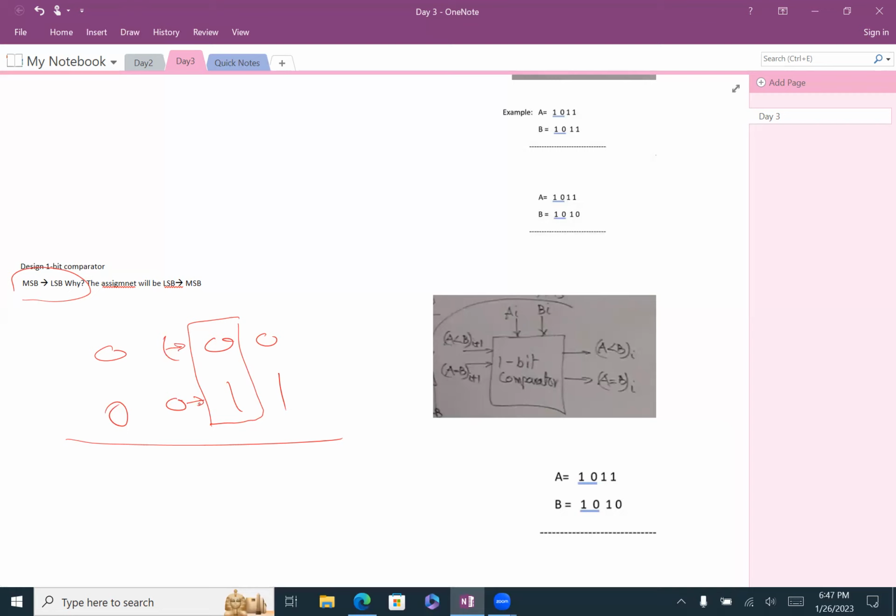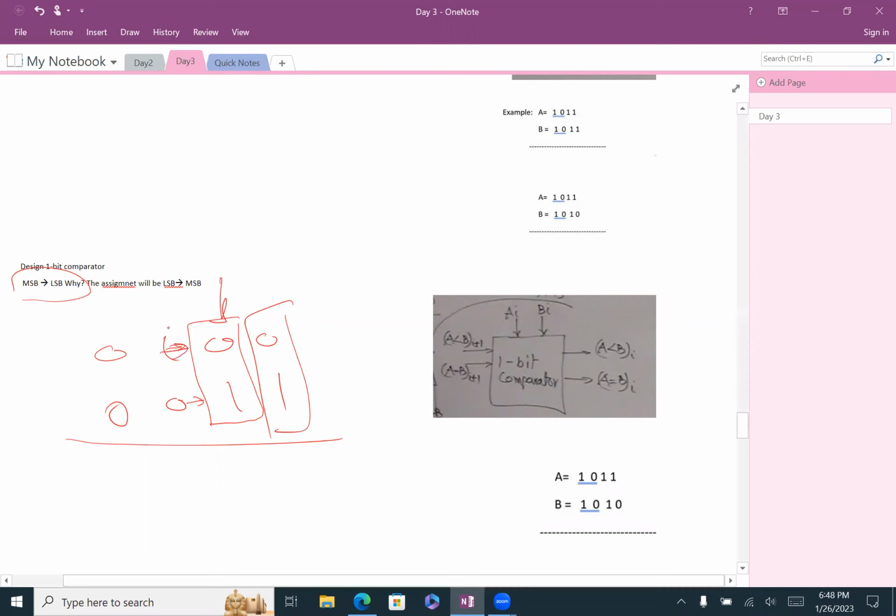If the input's coming as A bigger than B, so what I know at this stage, still A is going to be bigger than B. And this one is going to be the same thing. It's A bigger than B because I already know at the most significant bit it's already bigger. If it's equal, that means I have to decide.